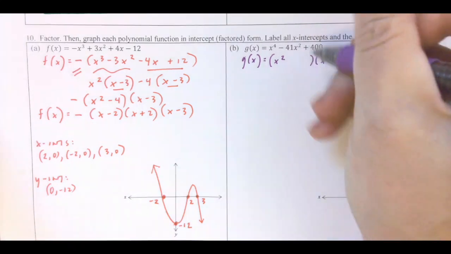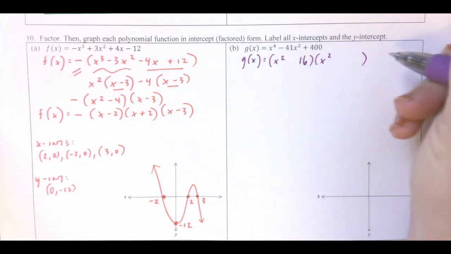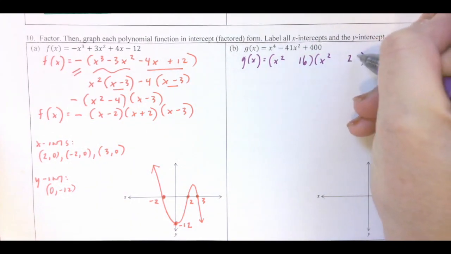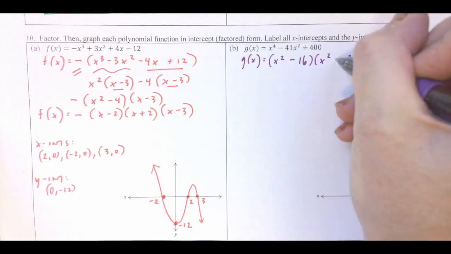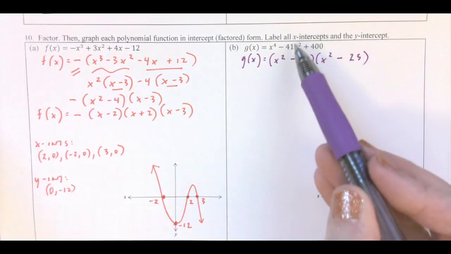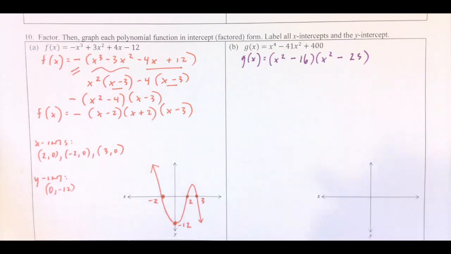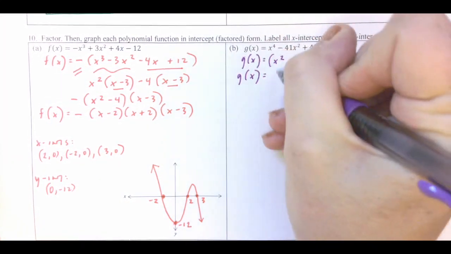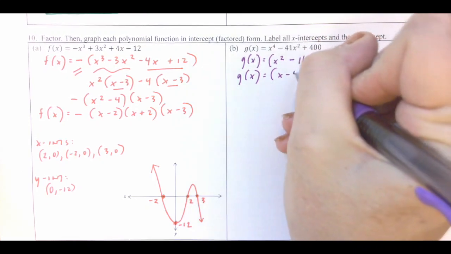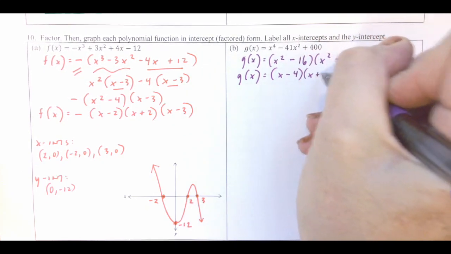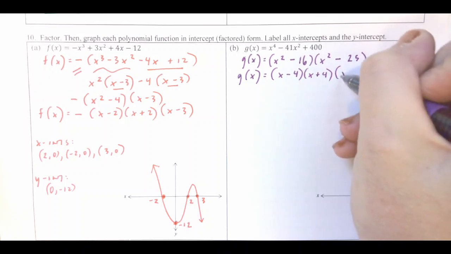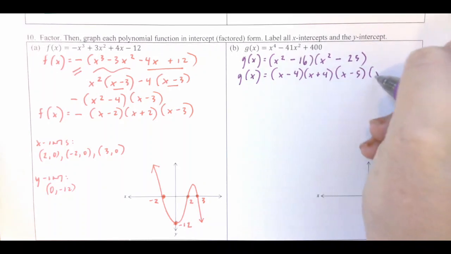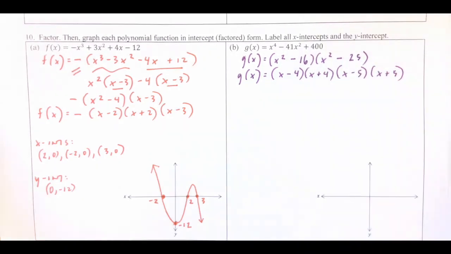So here I could see that that's going to be 16 and 25. Both have to be minuses to make that positive 400 and add to the negative 41. Keep going. So x minus 4 times x plus 4. x minus 5 times x plus 5.